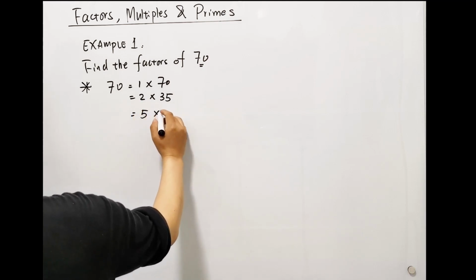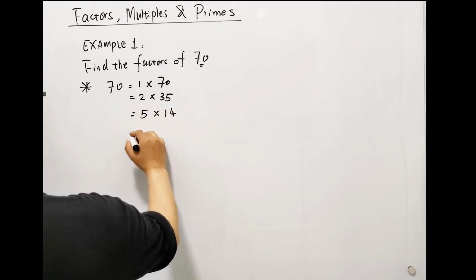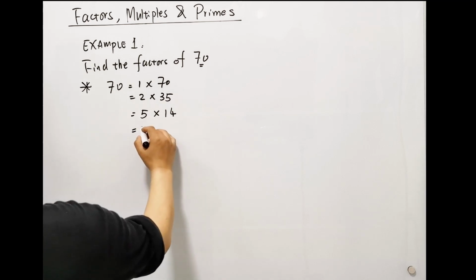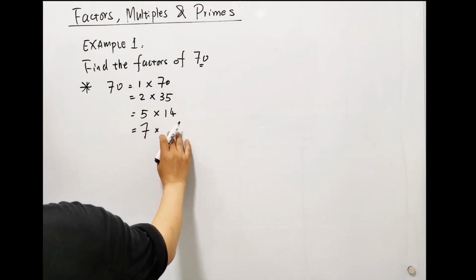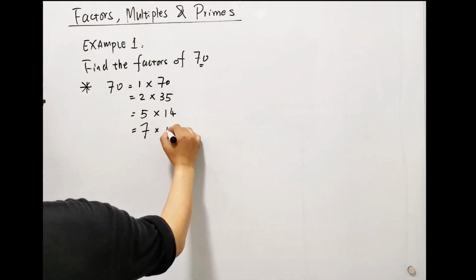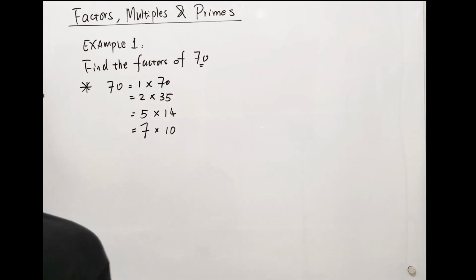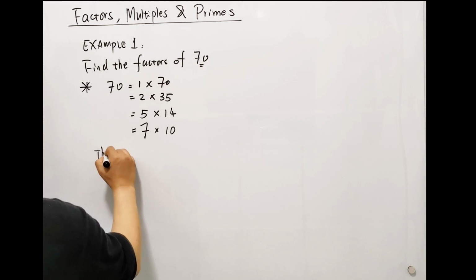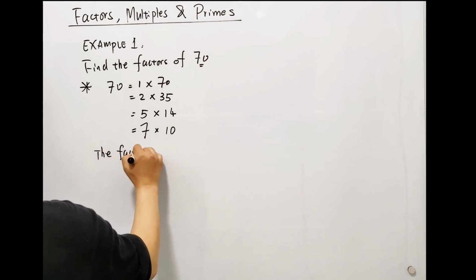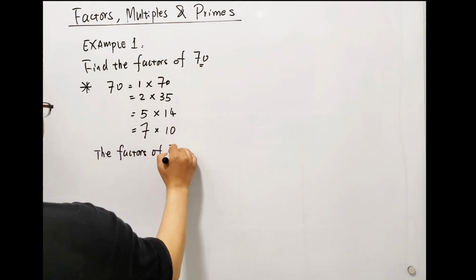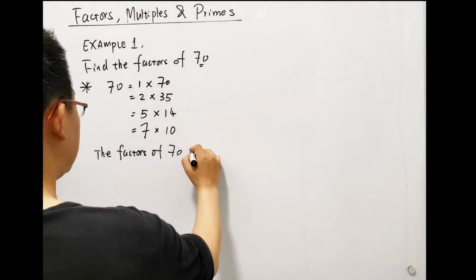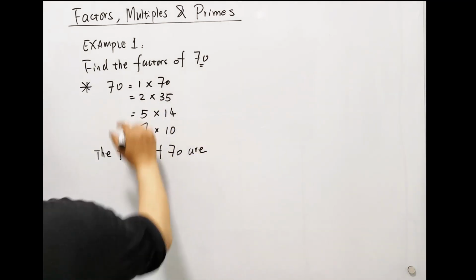5 times how much? 14, right? The next one is 7. 7 times how much? 7 times 10. Right? So what are the factors? The answer is the factors of 17 are, how many do we have?